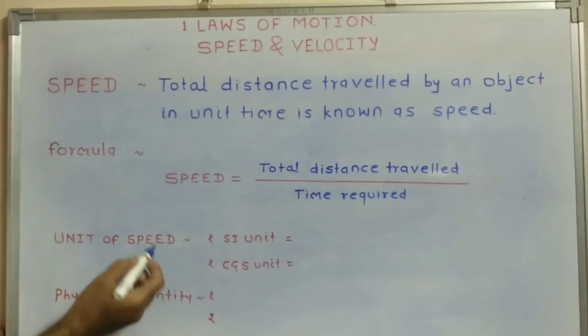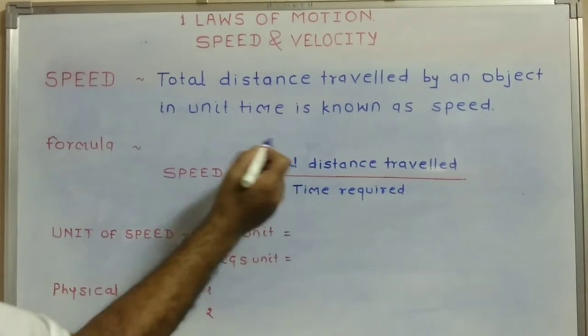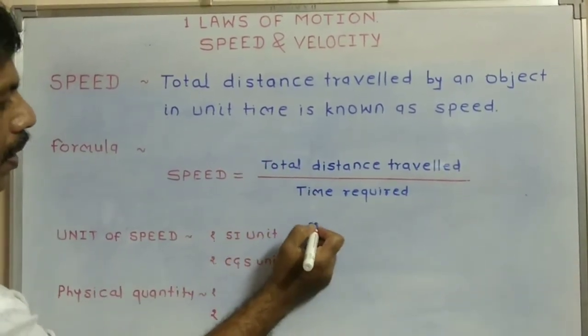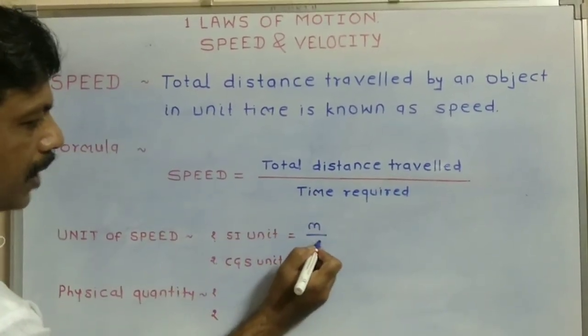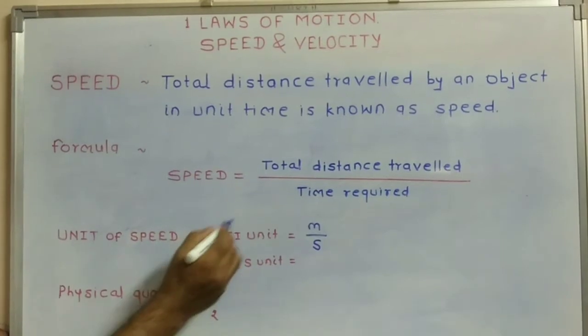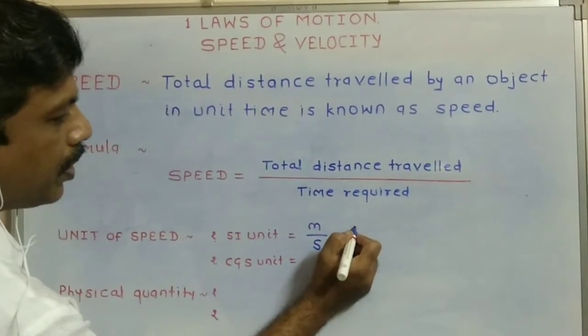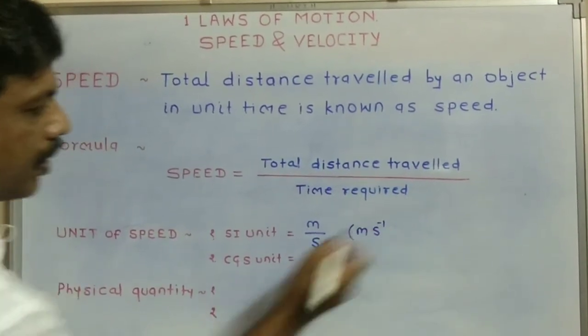Now we can frame the unit of speed. How can we frame the unit of speed? We know that distance is measured in SI unit in terms of meter, and time is measured in terms of second. Therefore, the SI unit of speed will be meter per second. It can also be written as m/s.